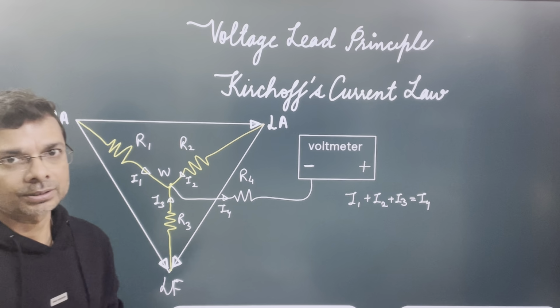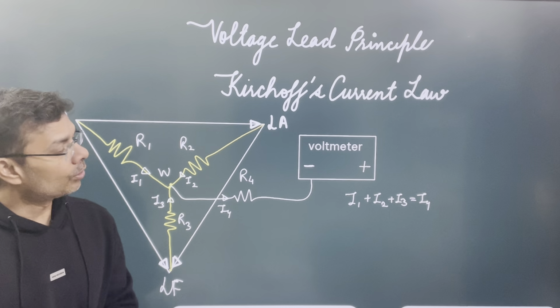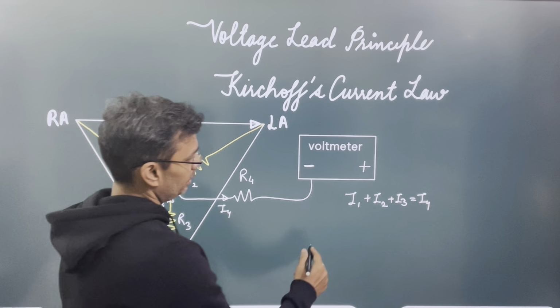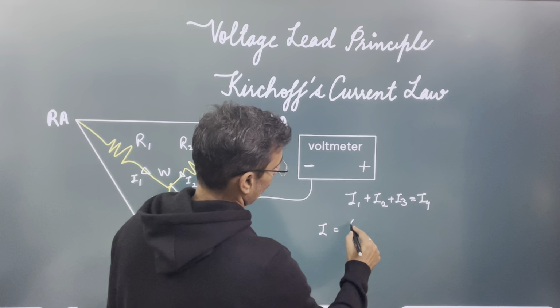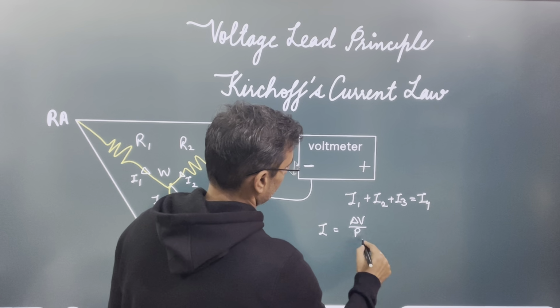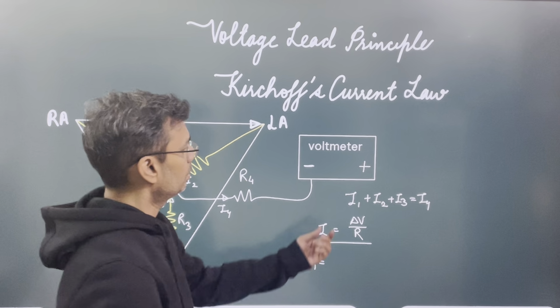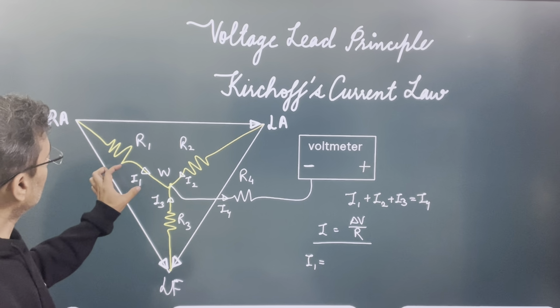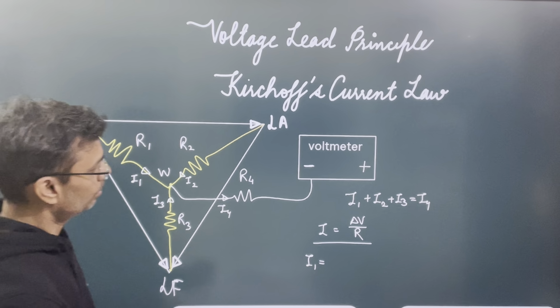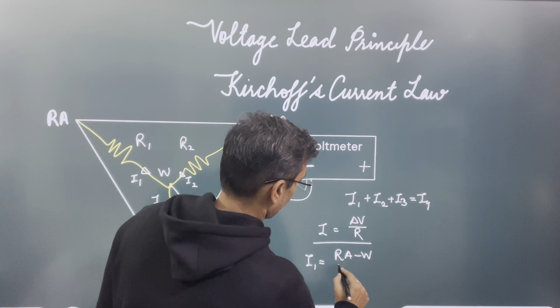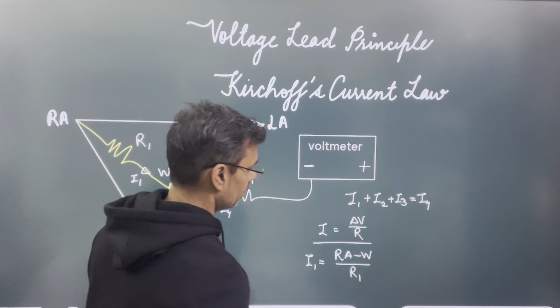So this is one thing. Now what is the current? We can apply Ohm's law here. Ohm's law says current is potential difference over resistance. So I1 is the potential difference RA minus W over the resistance R1.